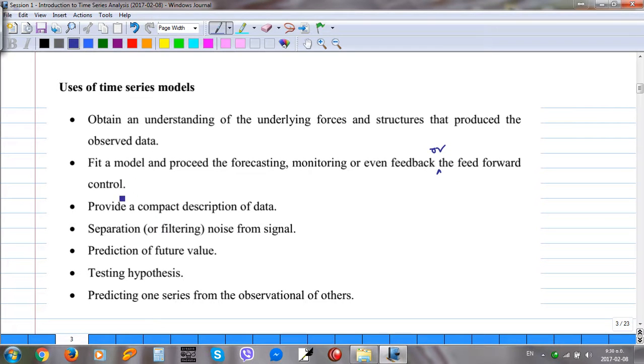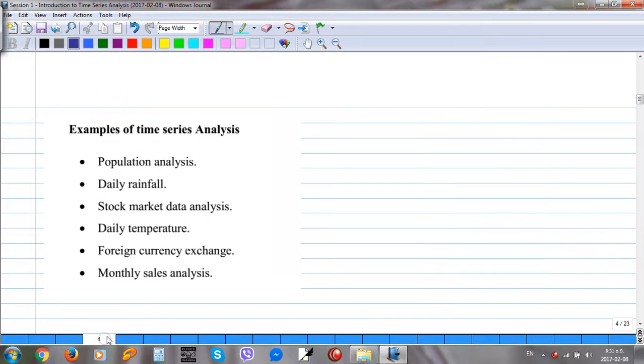Time series analysis also helps to provide a compact description of data, separation or filtering of noise from signals, prediction of future values, testing hypotheses, and predicting one series from the observations of others. These are the uses of time series.